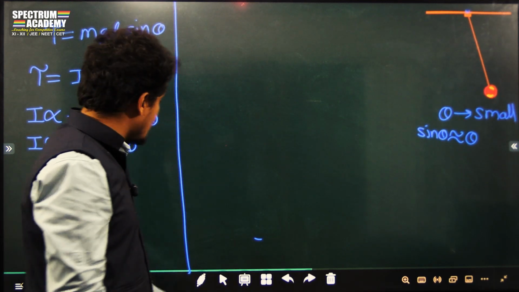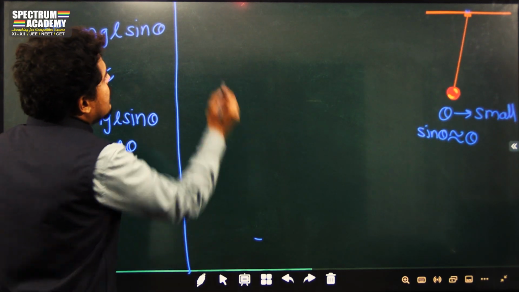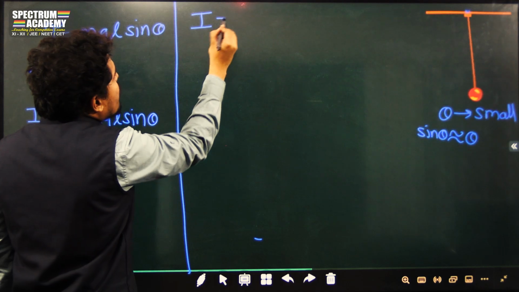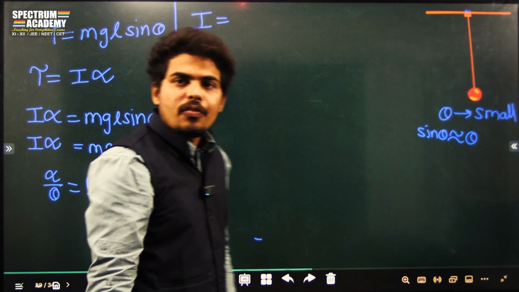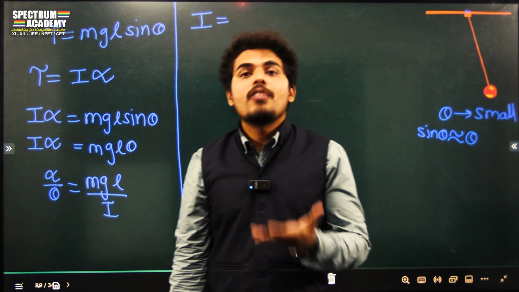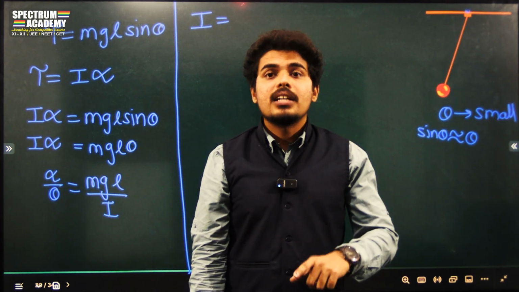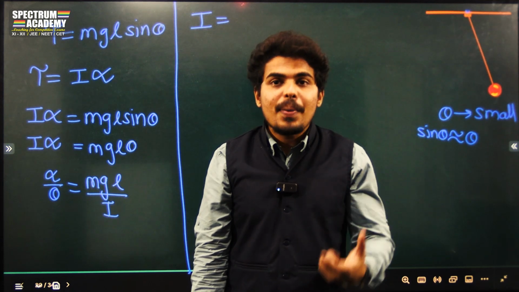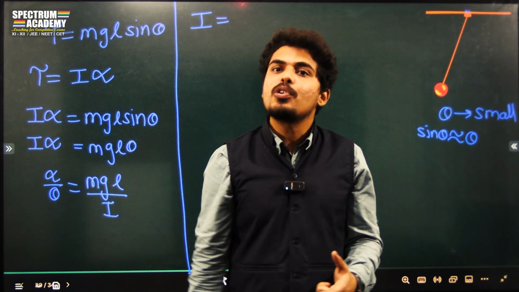Now I is the moment of inertia. What do you mean by moment of inertia? How to find this moment of inertia? Moment of inertia is generally the product of the mass of the object and the square of its perpendicular distance from the axis of rotation.